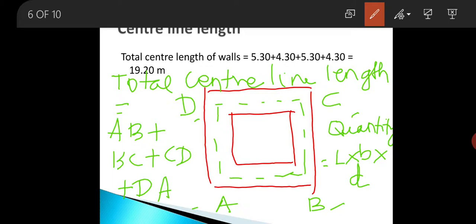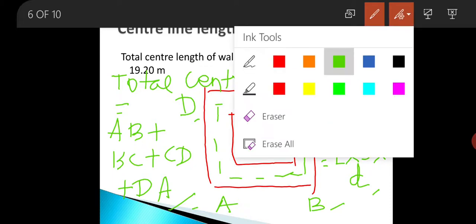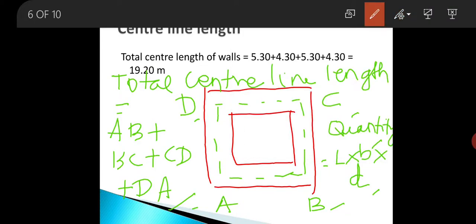For example, if you are going to estimate earthwork in excavation, then with this total center line length, you will multiply the corresponding breadth and depth of the earthwork in excavation. For example, if you are going to calculate the total quantity of concrete work in foundation, then with this center line length, you will multiply the corresponding breadth and depth of the concrete work in foundation.